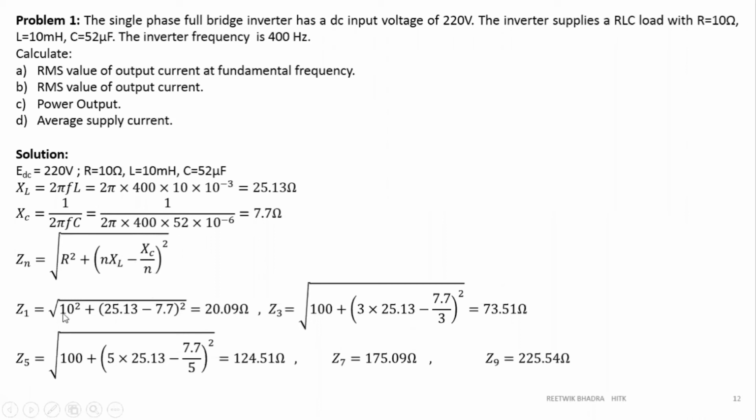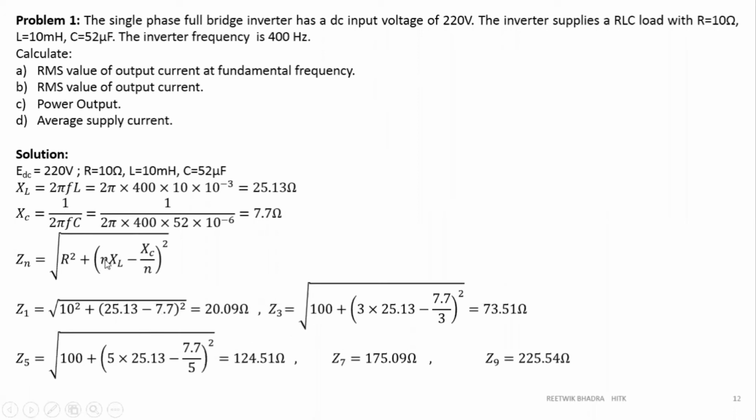So what will be Z1? R will be written directly as 10 ohm, so 10 square, with n replaced by 1. XL is 25.13 minus 7.7 ohms, a whole square. You will get 20.09. Now what is Z3?